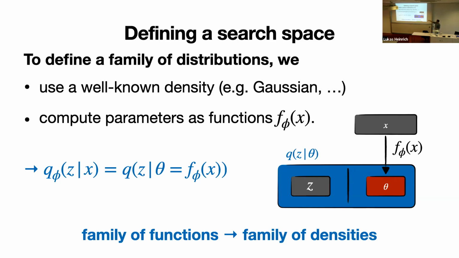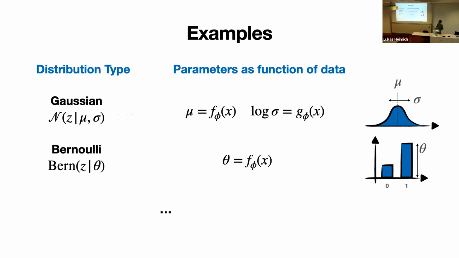They all have the right structure: they're distributions of some latent random variable z, but they're conditioned on x, through this function f of phi. So searching through the function space means the same thing as searching through the space of possible candidate densities. And this is what we're going to do in variational inference.